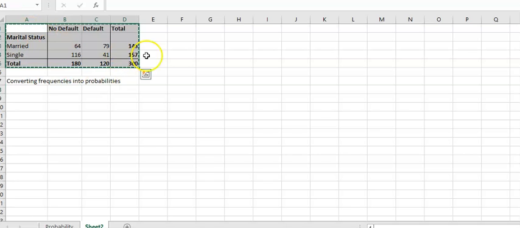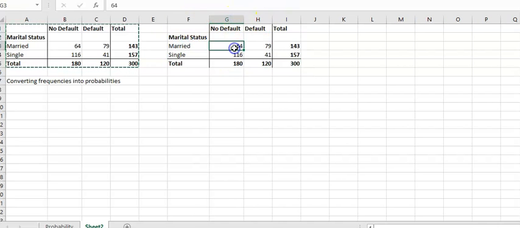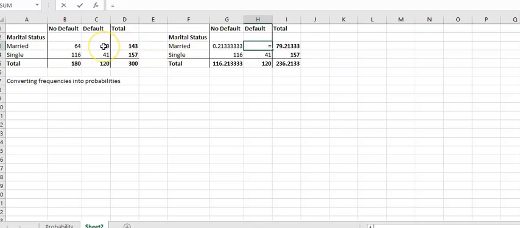I'm simply going to copy this and paste it here again, but instead of these numbers, I want the probabilities to be demonstrated in this case. So I'm going to convert this frequency into a probability. What I'm essentially doing is saying that 64 out of 300 are married and they did not default on their loan.